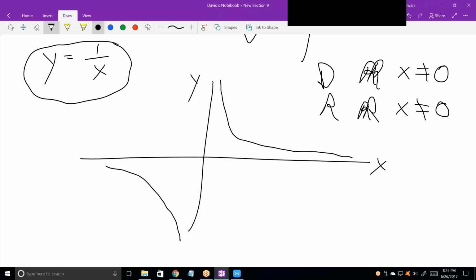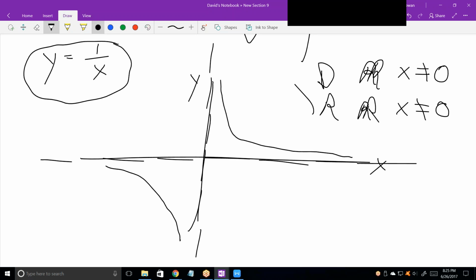So I end up with asymptotes. You familiar with that word? No. Really? Asymptotes are places on the graph that the function can never cross. In other words, this function never crosses the x equals 0 line, that vertical dotted line, and the function never crosses the line y equals 0, the horizontal dotted line.